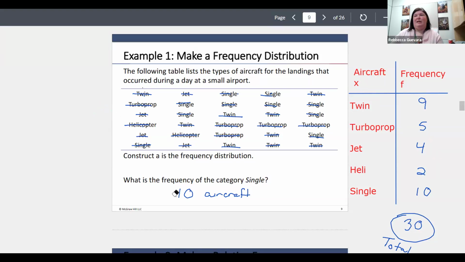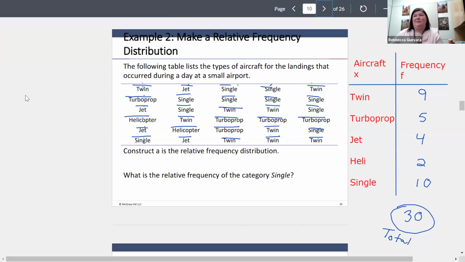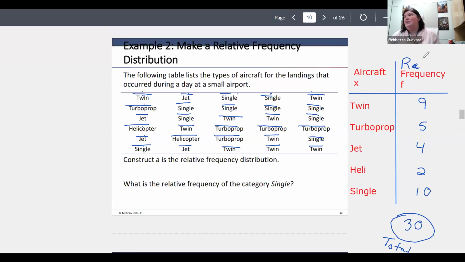So we're going to ask this question again. I'm going to erase some of this so I can keep part of this chart. So what are the relative frequencies now? We already got the frequency. We know there's 30 of them. So if we talk about relative frequency, just to point out here, when I was talking about aircraft, we use X for aircraft, F for frequency.